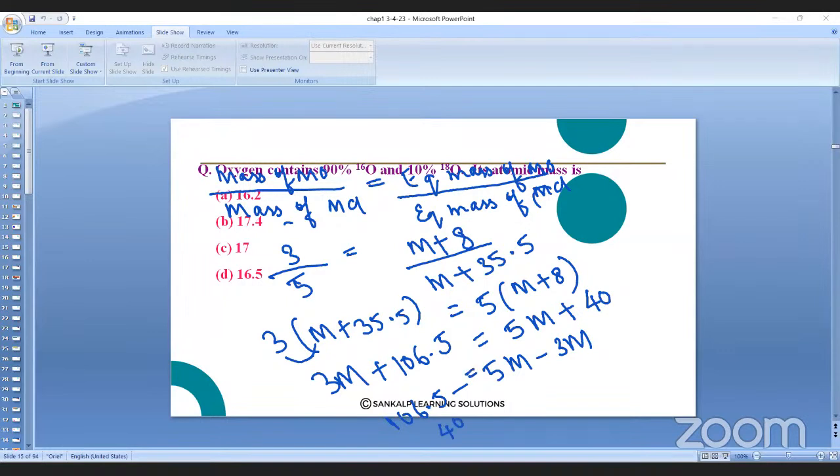So 2m equals 106.5 minus 40, which is 66.5. So m, the metal, is 66.5 divided by 2, which is 33.25. So like this, you're going to find the equivalent weight.